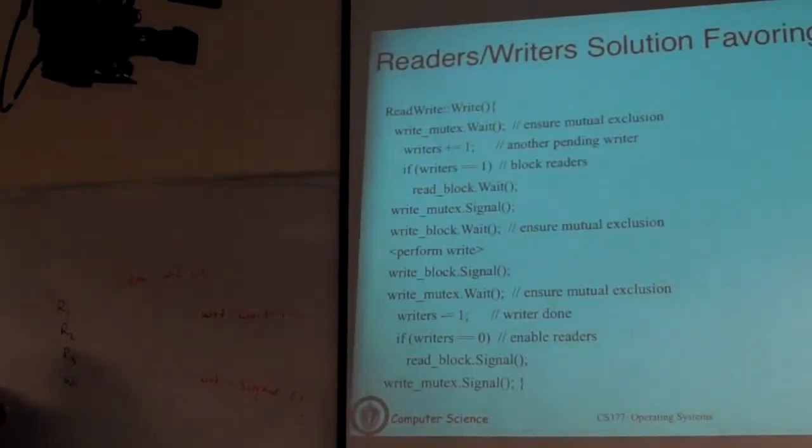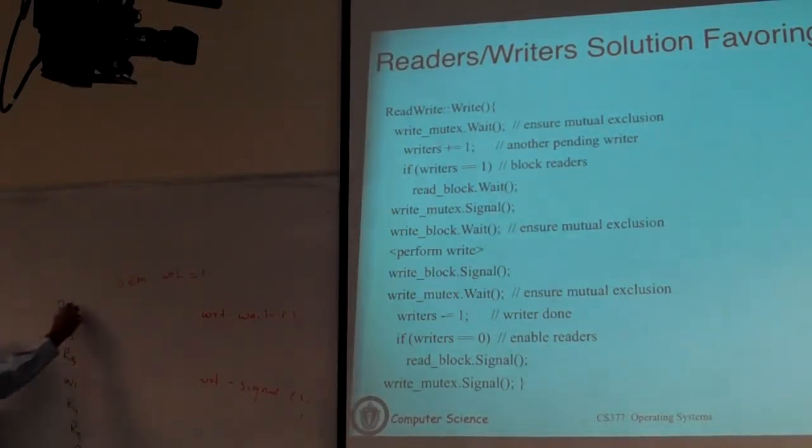The first writer comes along, W1, then reader 4, reader 5, reader 6. In the previous solution, this gets to go, this gets to go, this gets to go, this one blocks, but this still gets to go, this gets to go, this gets to go. So readers can keep going. They are not blocked; only the writer blocks.